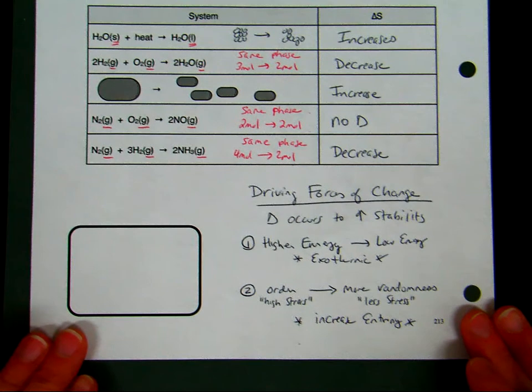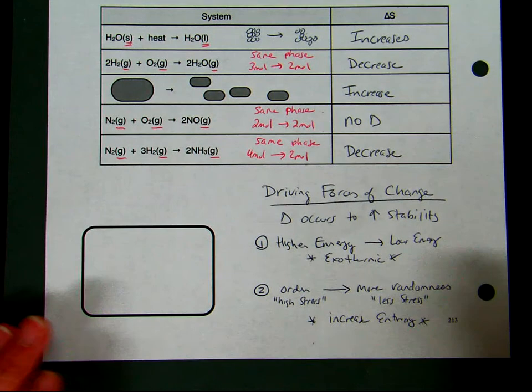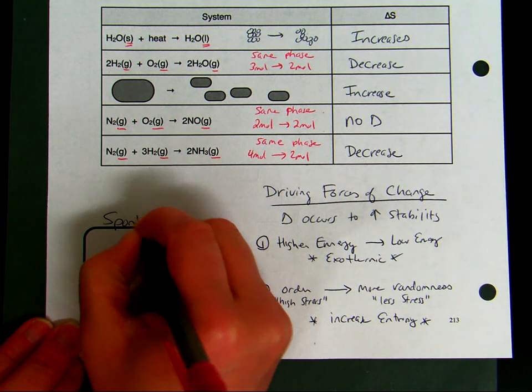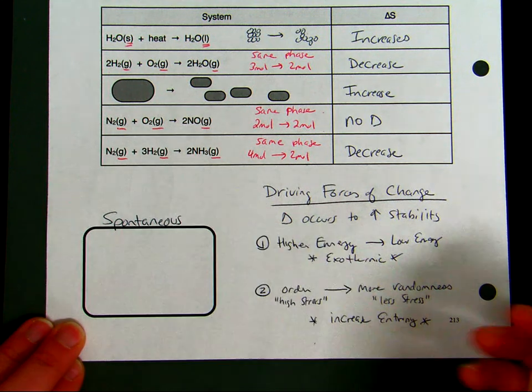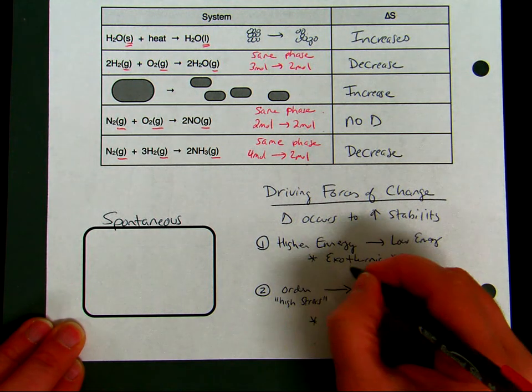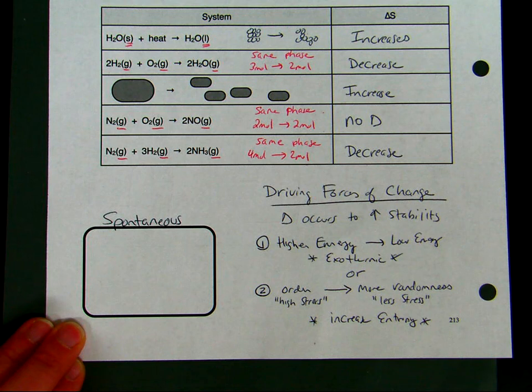Now, there's this specialty class of reactions or processes of change that are considered spontaneous. What I'm going to say is the natural reason of why things happen, it's one or the other.